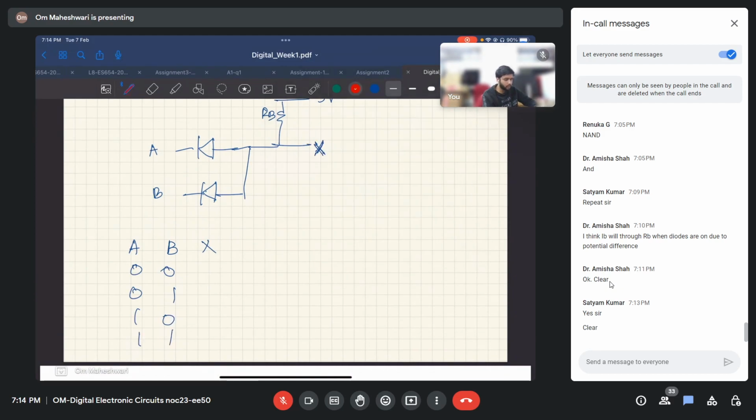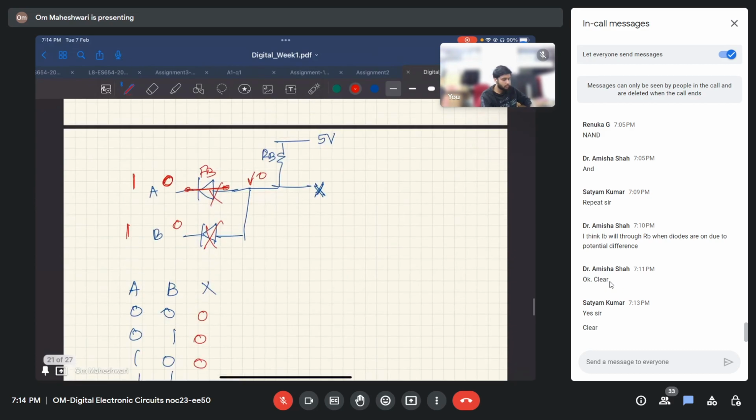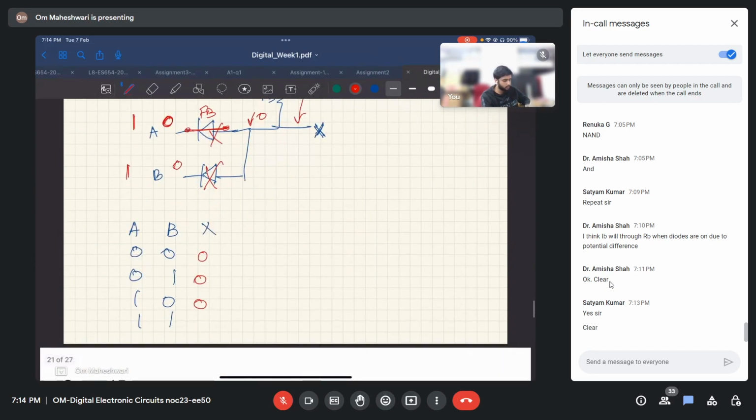As I said earlier, whenever any of them is 0, this will be forward biased, and this will get short circuited, and we'll get 0 here. So whenever any of them is 0, we'll get X equals 0. When both of them are 1, both are reverse biased, we'll get 5 volt or 1 here. This is how X looks.